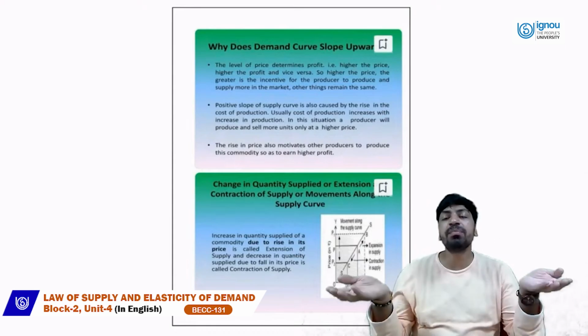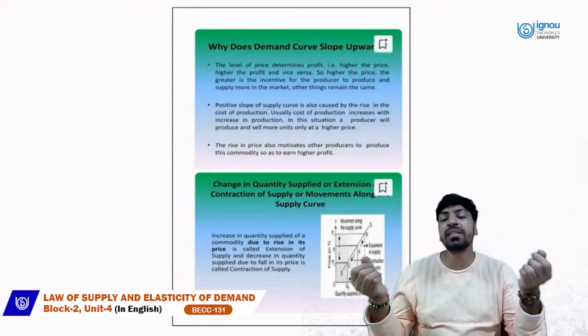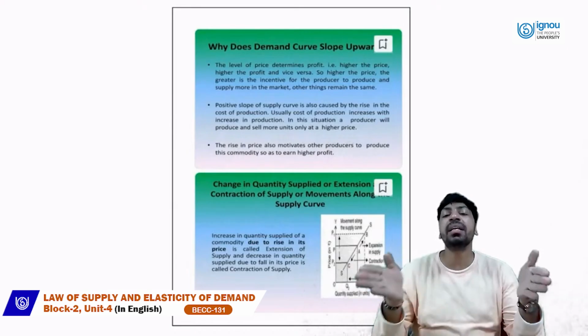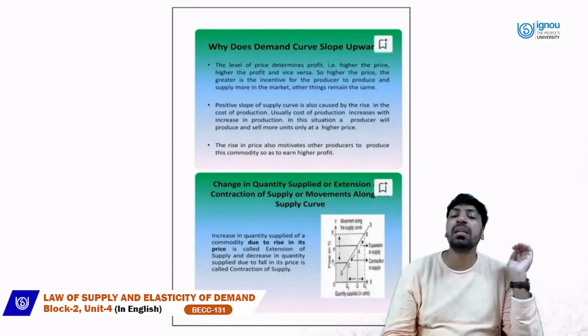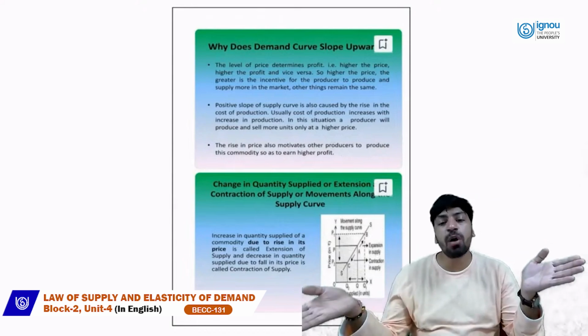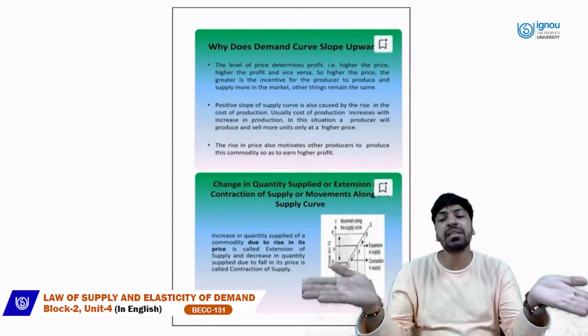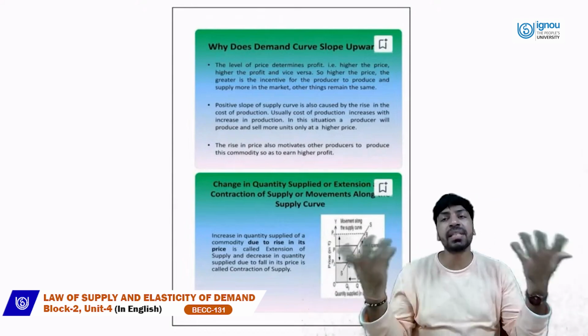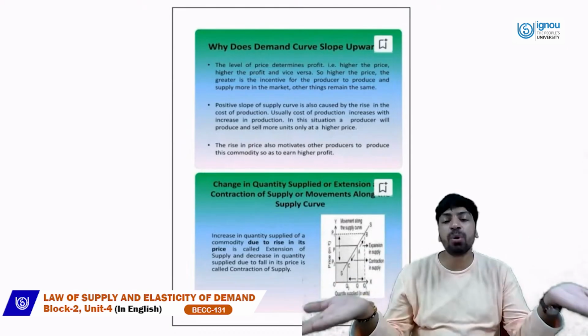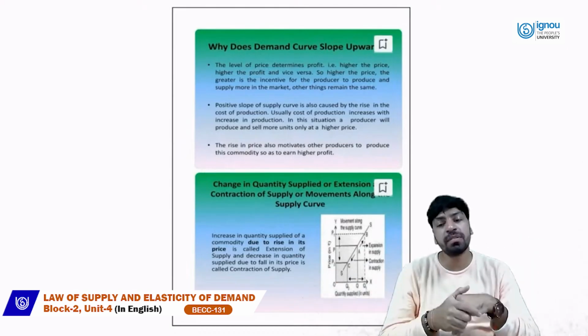So it's explained in a very simple manner: there is a direct relationship between the quantity supplied and the price of a commodity. If there is an increase in both, we call it extension of supply, and if there is a decrease in both, we call it contraction of supply.